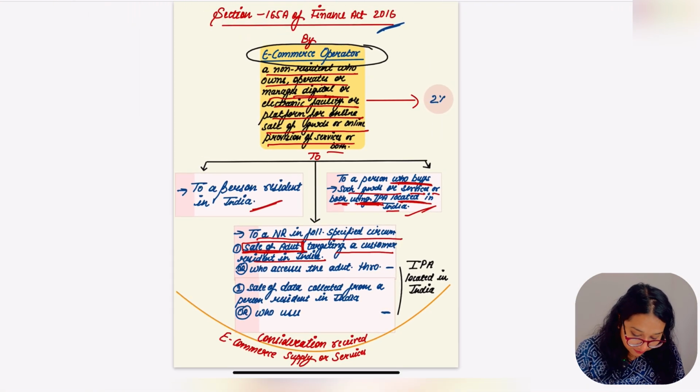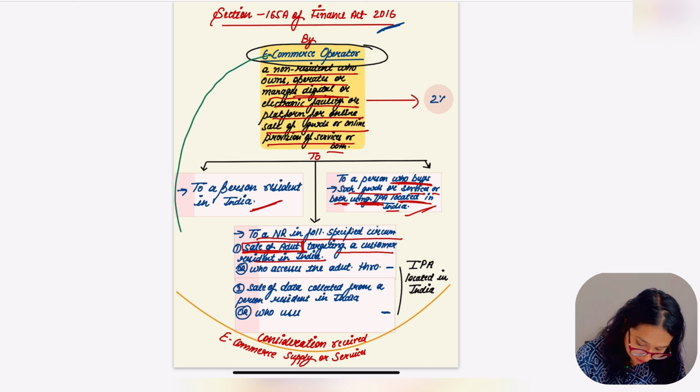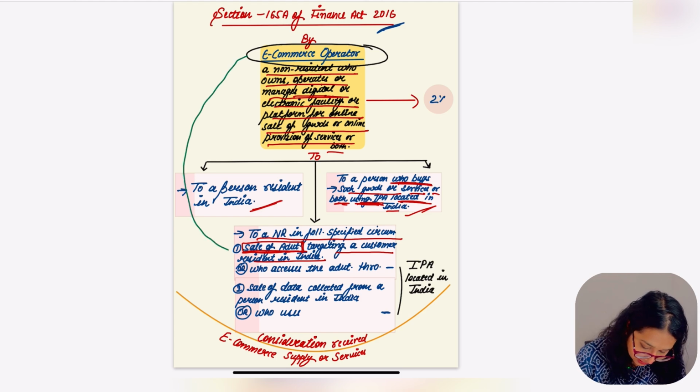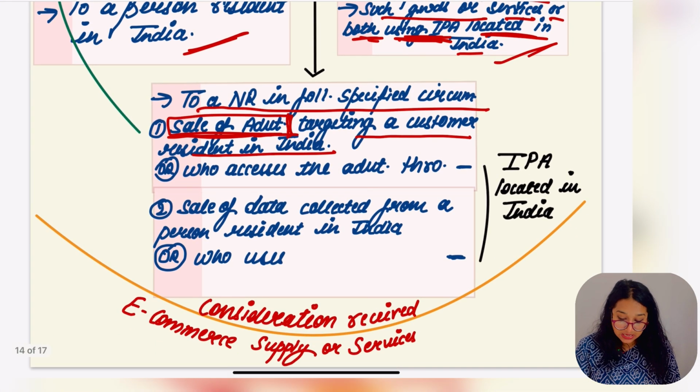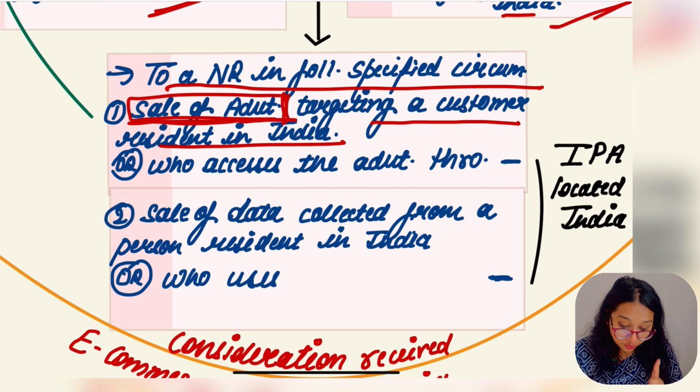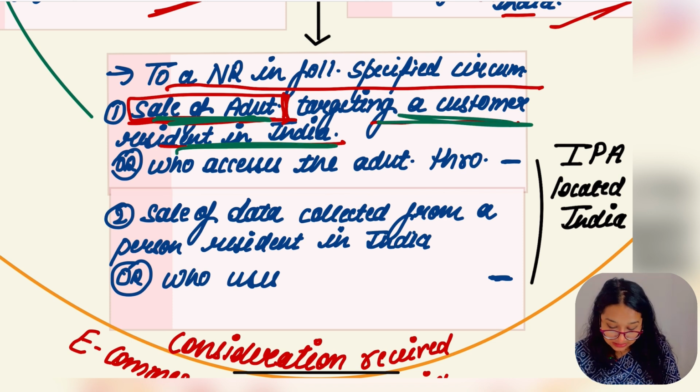Let's make it clearer. If the e-commerce operator is providing services to whom? To the non-resident. For what purpose? Providing the sale of advertisement which is to target a consumer resident in India.